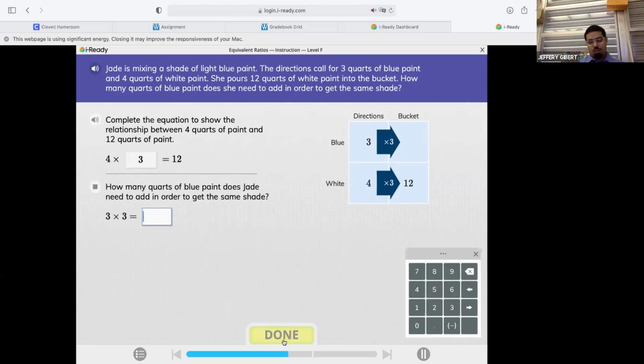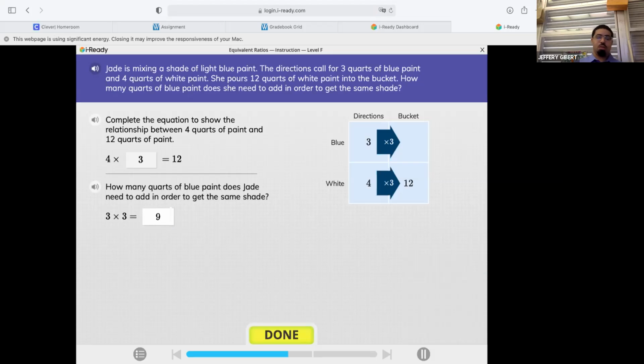How many quarts of blue paint does Jade need to add in order to get the same shade? So what is 3 times 3? 9. Right. To get the same shade, Jade needs to add 9 quarts of blue paint to the bucket.